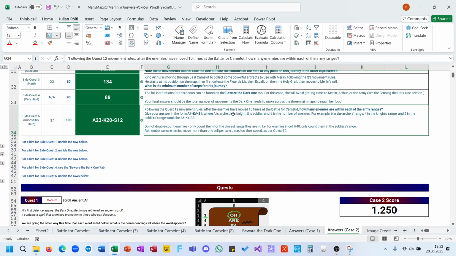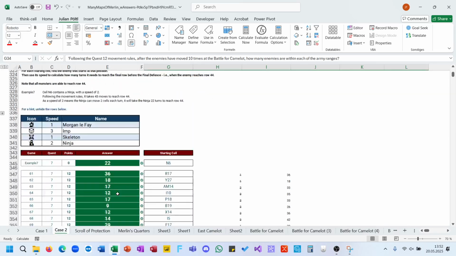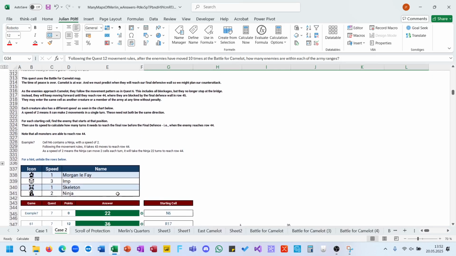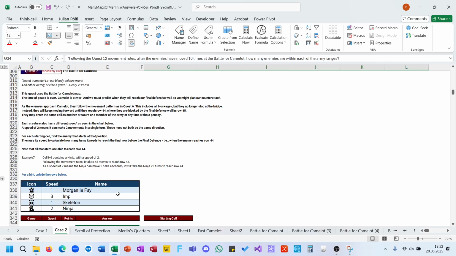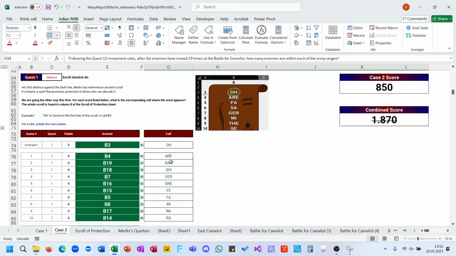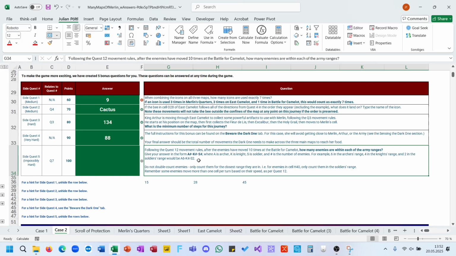Quest 7 probably. Okay. Don't understand this question properly. Following quest 12 movement rules.